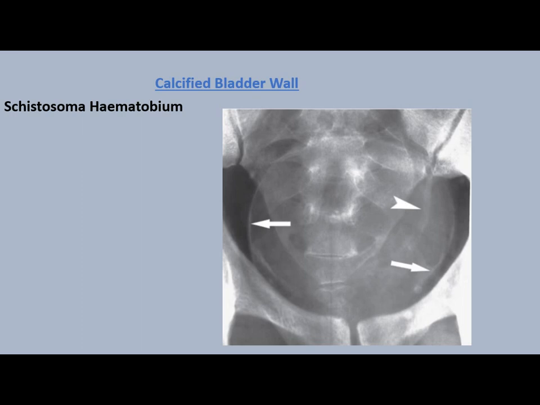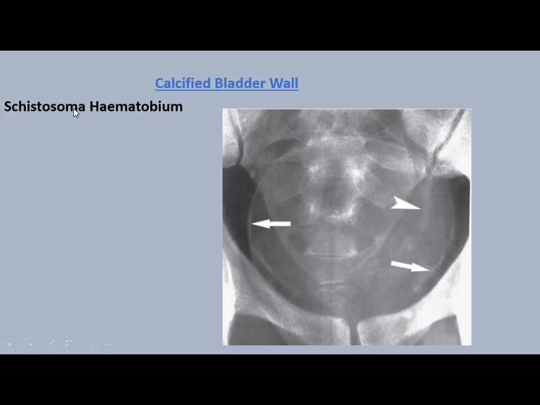Calcification of the bladder wall: of course, there are many causes of calcification in the urinary bladder, such as schistosomiasis, TB, carcinoma, and stone. Even chronic cystitis can cause urinary bladder wall thickness.